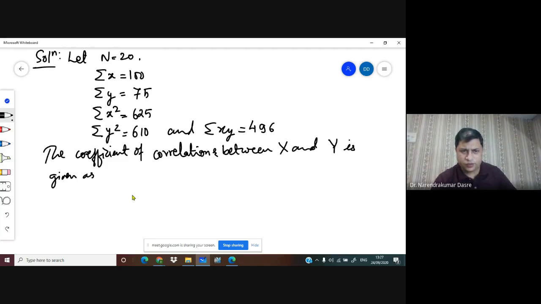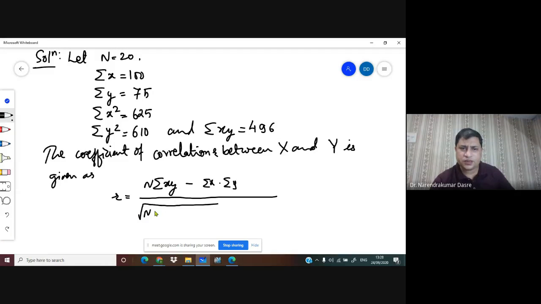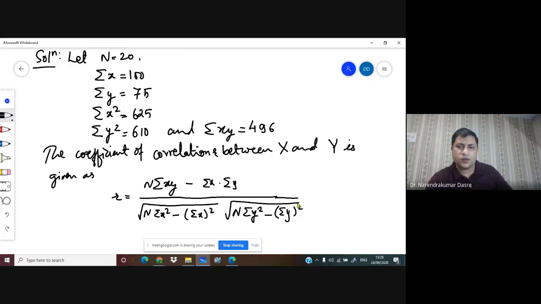If you remember, the formula is: n times summation xy minus summation x into summation y, divided by the square root of n times summation x square minus summation x whole square, and n times summation y square minus summation y whole square.